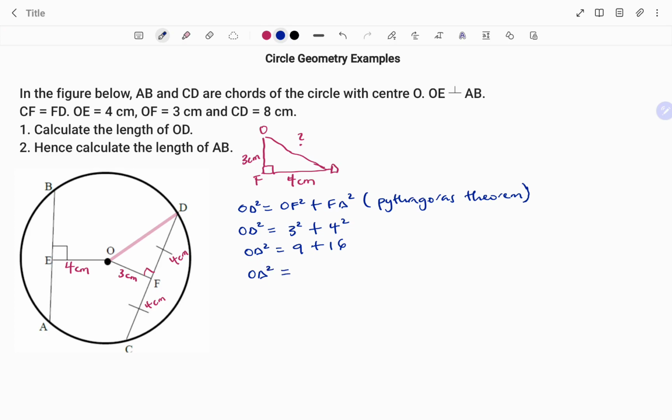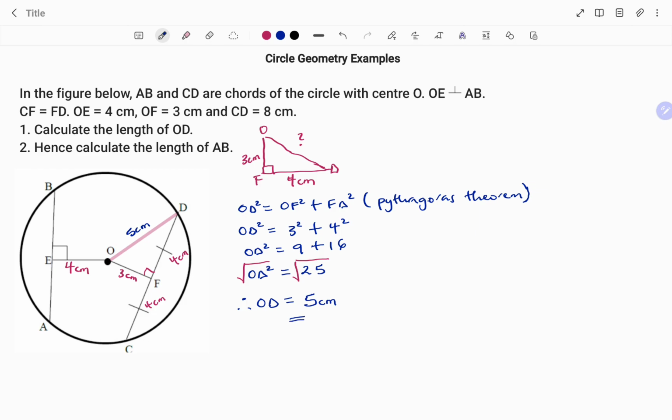OD squared equals 9 plus 16, 25. Therefore, to find OD, we need to find the square root of both sides using the balance method. Therefore, the length OD equals square root of 25, 5 centimeters.